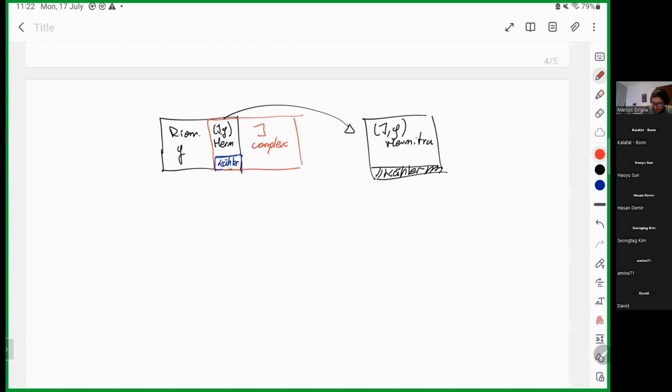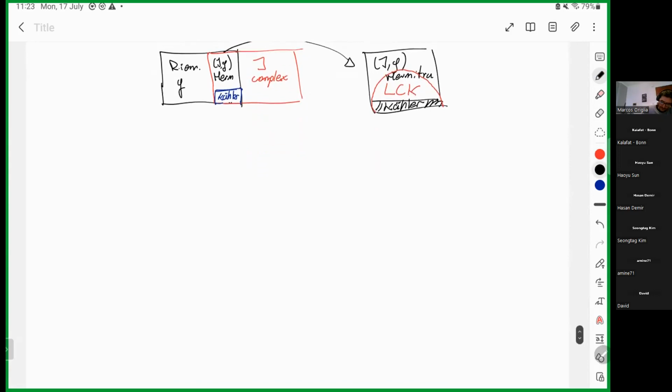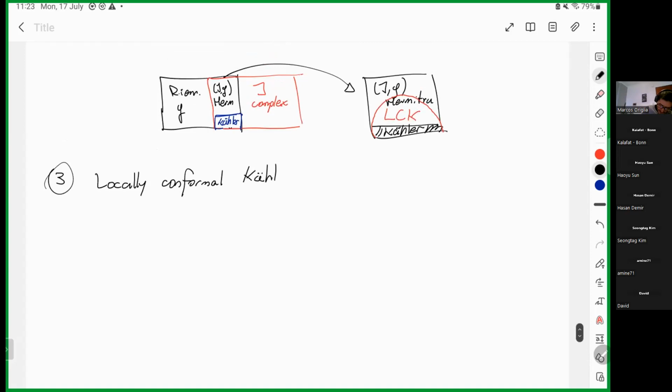And what we want to do is to enlarge this class inside the Hermitian class of manifolds to include more examples. And here is when the locally conformally Kähler appears, right? So that's the picture of this part. So okay, we are ready to talk about this locally conformally Kähler. I will denote it by LCK.